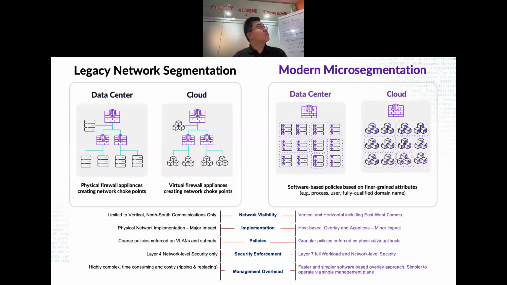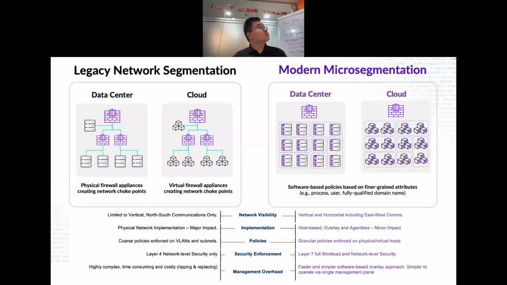And lastly is management, which means it's complicated to implement the entire network segmentation in the traditional way. Okay, and when you compare with the right hand side, modern microsegmentation not only covers north-south communication but it also covers east-west, like from data center A to data center B. They can also have this full visibility.